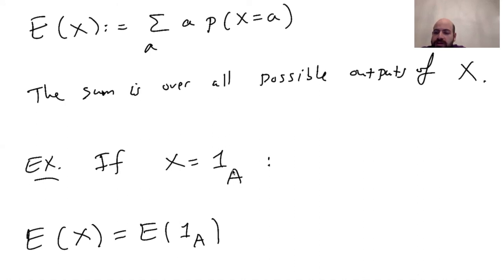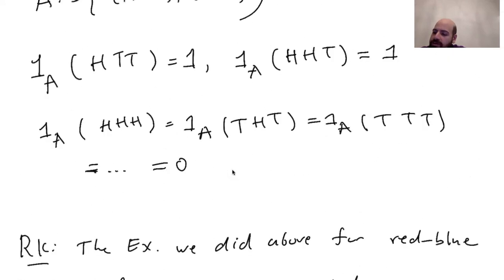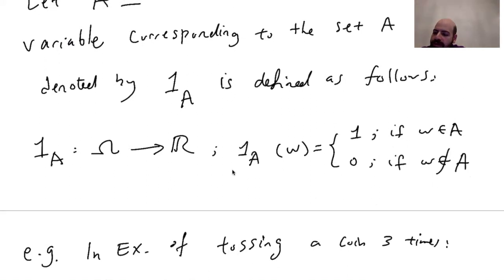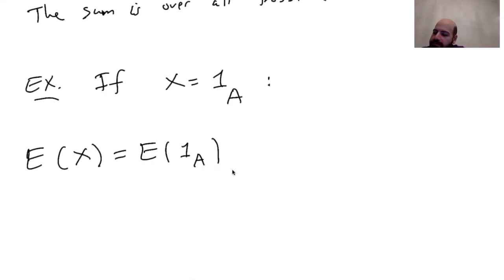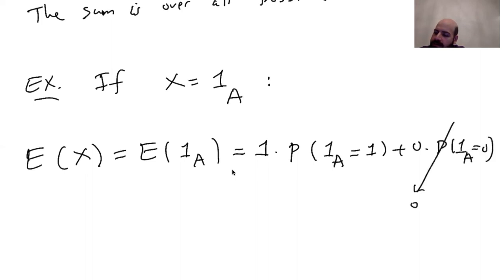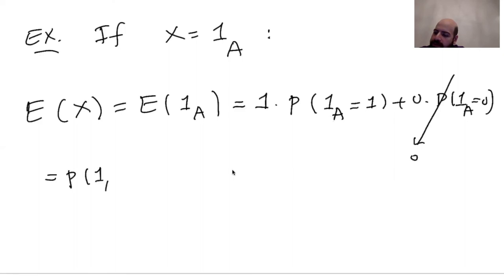In the case of 1 sub A, it has only two outputs, either 1 or 0: 1 if omega is in A, 0 if omega is not in A. So we are going to have 1 times P of 1A equals 1, plus 0 times P of 1A equals 0. Well, 0 times anything is always 0.